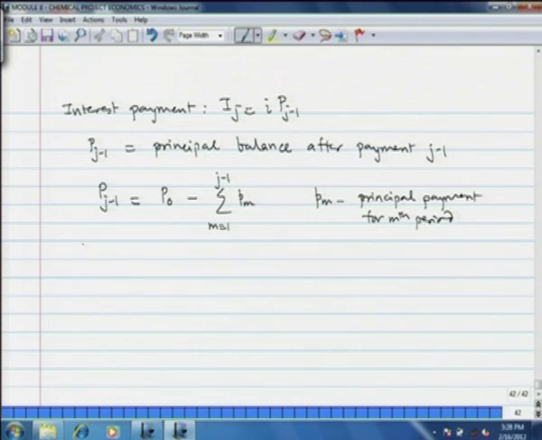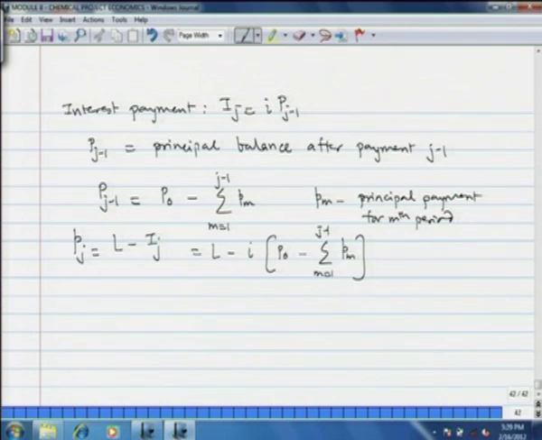Okay. Now Pj is equal to L minus Ij, and now for Ij we substitute expression I into P(j minus 1). P(j minus 1) is P naught minus summation m equal to 1 to j minus 1 of Pm.